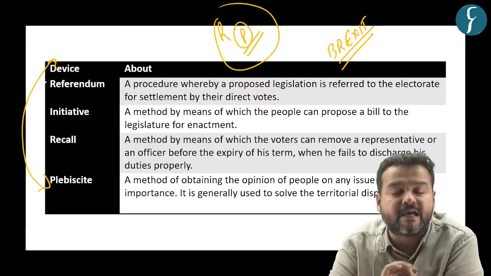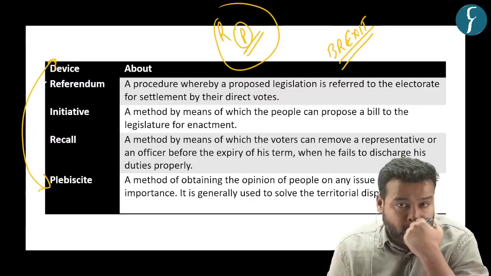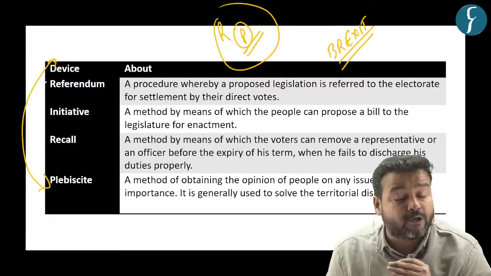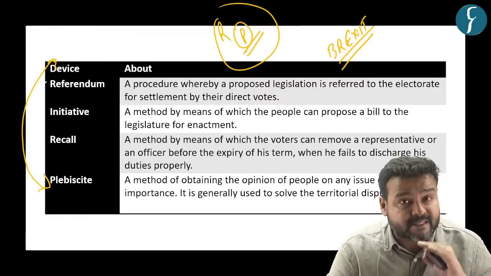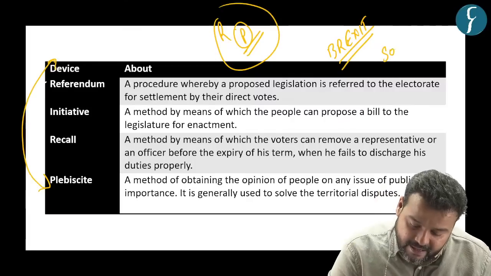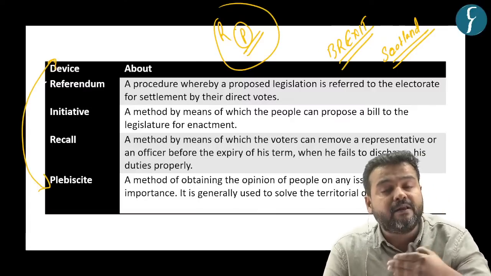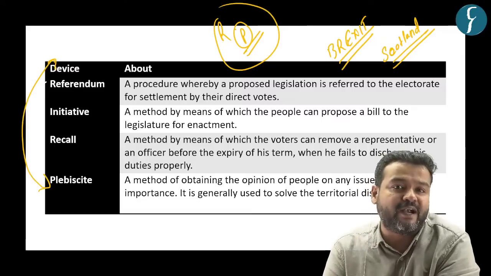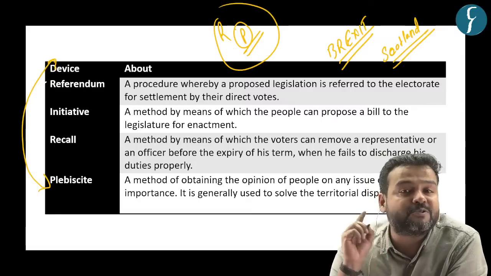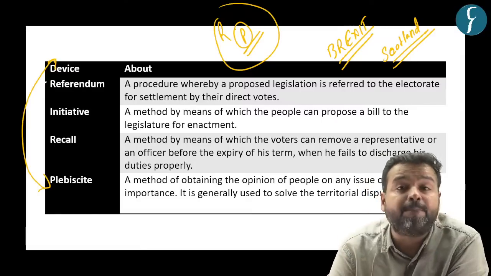It was just a constitutional provision. So referendum took place. Now, second example. Now let's say if Scotland decides to come out from United Kingdom. Now this amounts to secession. Then there will be a plebiscite.